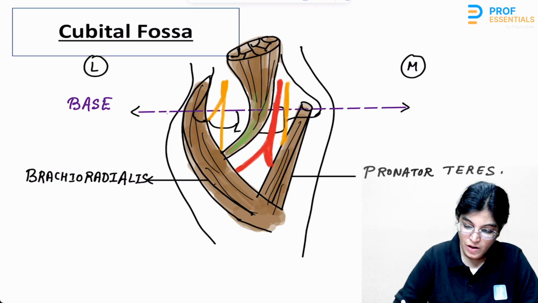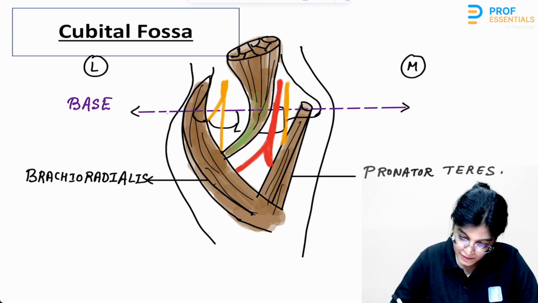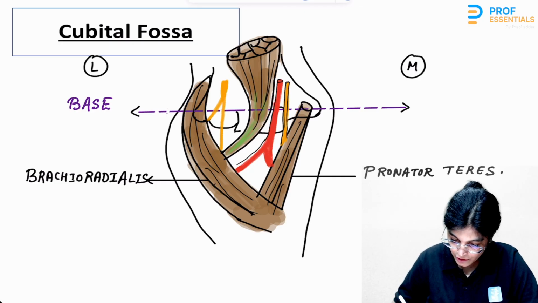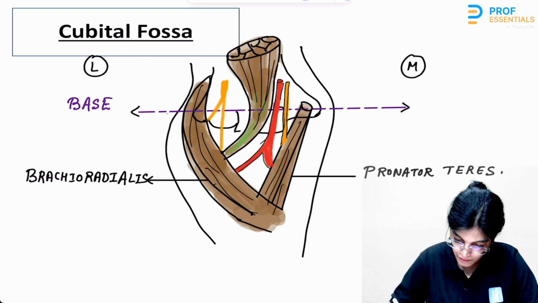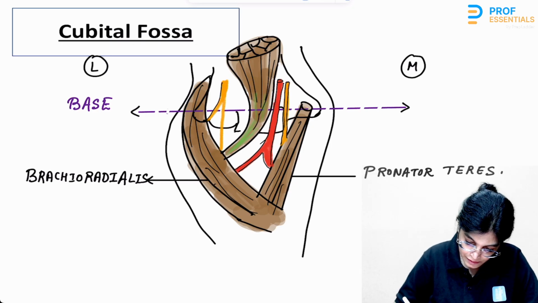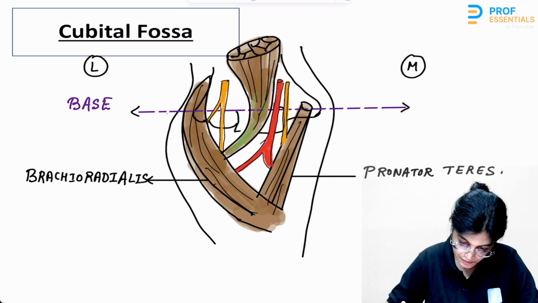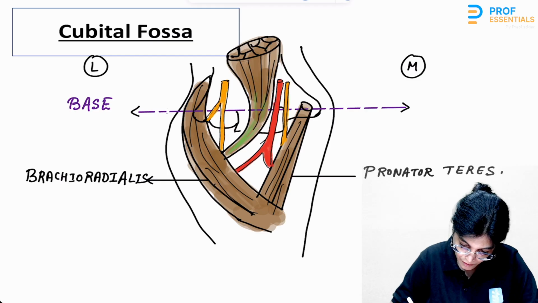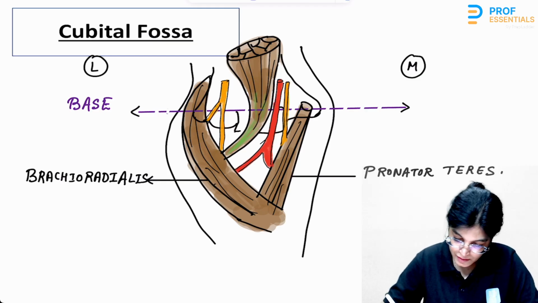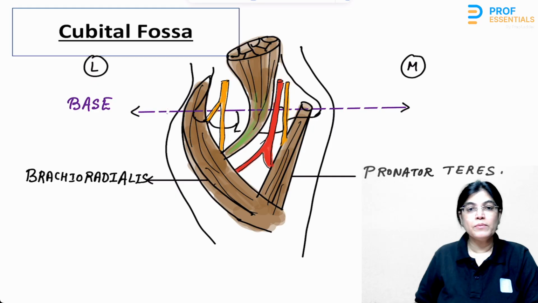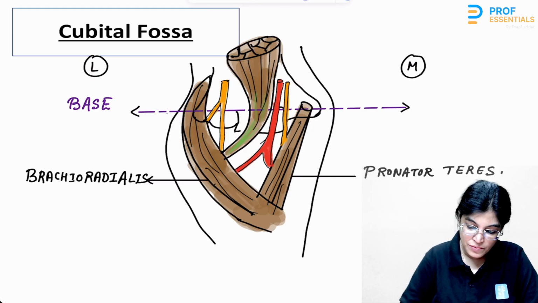Now just outline these structures. Always make lumen in the vessels. Just label it. Okay, so we have got all the 4 contents and we are going to label it.